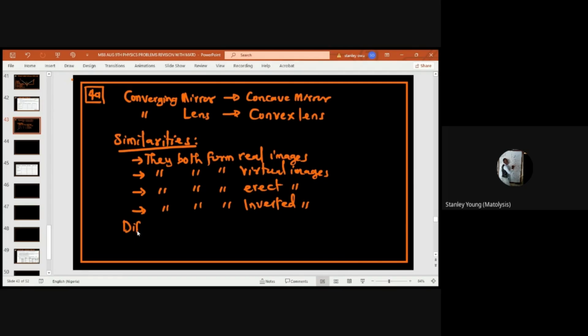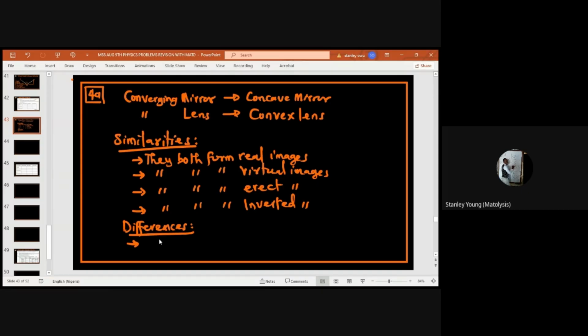Then differences. The differences between a converging mirror and a converging lens. What could be the difference? I'm trying to think.